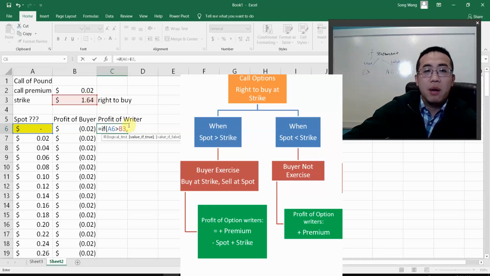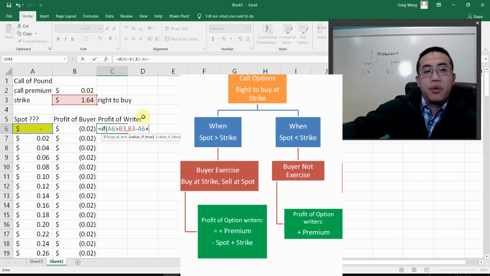So when the option writer sells at the strike, this is the proceeds of the option part for the option writer, and then the writer will pay in the spot market. They need to buy from the spot market in order to be able to sell at the strike to the option buyer.